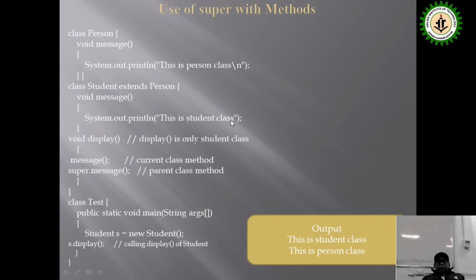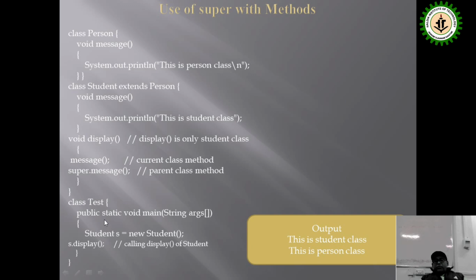Now in display, I first use message, then I use super.message. The plain message is the current class method, meaning the child class method. The super.message is the parent class method.